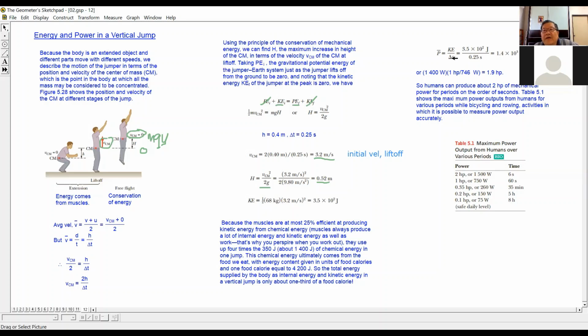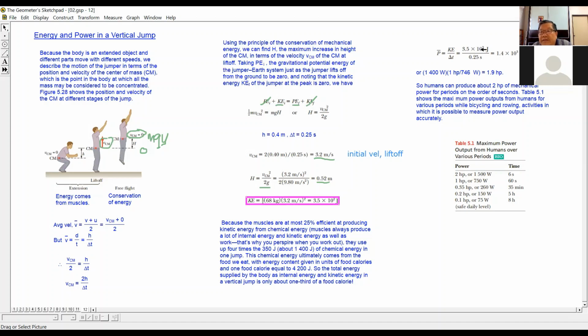We want to find the power. This is the useful energy, not the amount generated by the body, but the amount of useful energy that we can see, 350. To find the power, we use the energy divided by time.